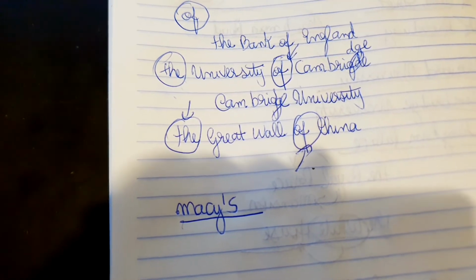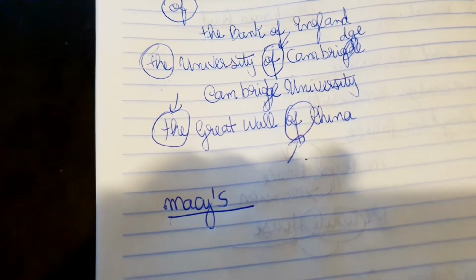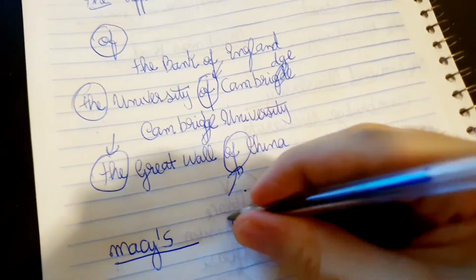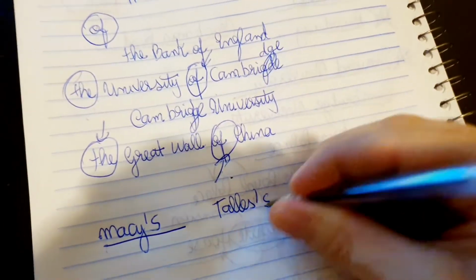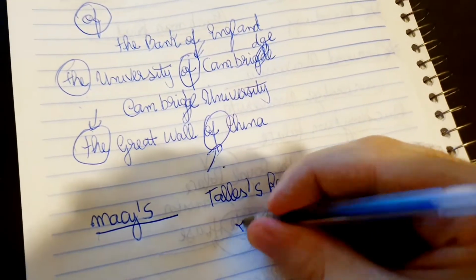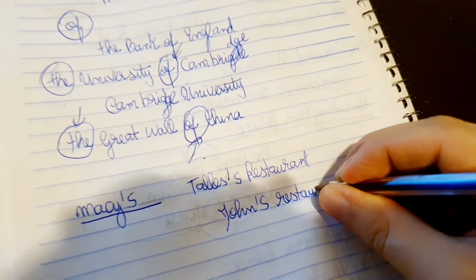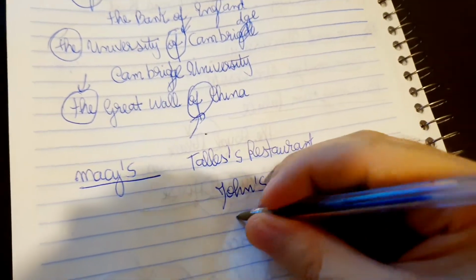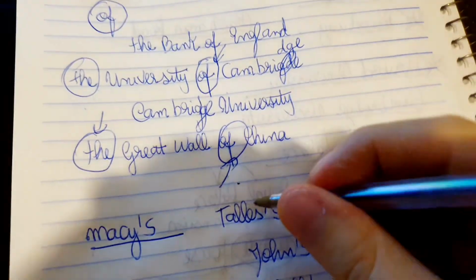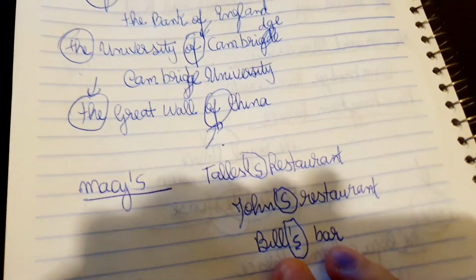When you have a restaurant, for example, I can say, Thales' restaurant. John's restaurant. Bill's bar. You see, I'm using here the genitive case or the possessive case.